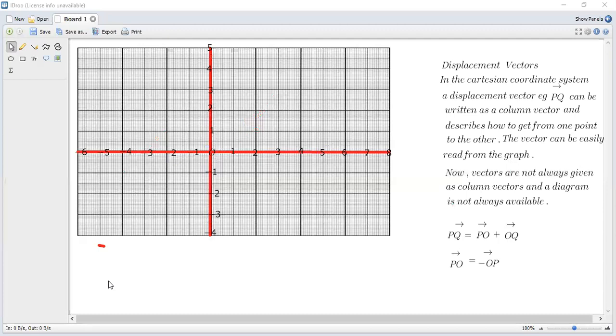So you have to know what a position vector is. Always start with letter O. Alright? Just bear that in mind.